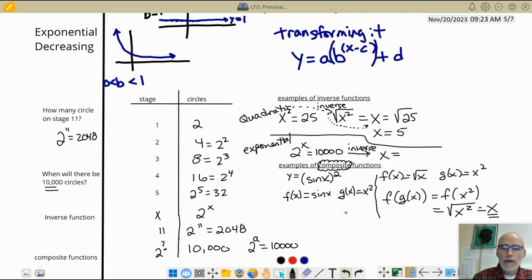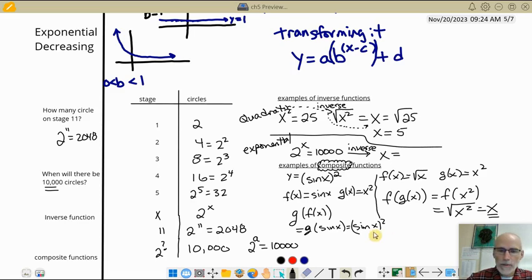So this is another example of a composite function, because if I do g of f of x, okay, that means that I'm going to do g of, and then I replace the f of x. I replace what's inside the parentheses with what the function is, sine of x. And then the g function says square anything that's inside the parentheses, right? So now I'm going to write the sine of x, squared. So this is a composite function.